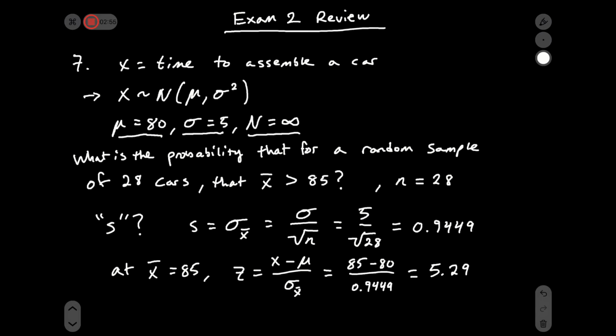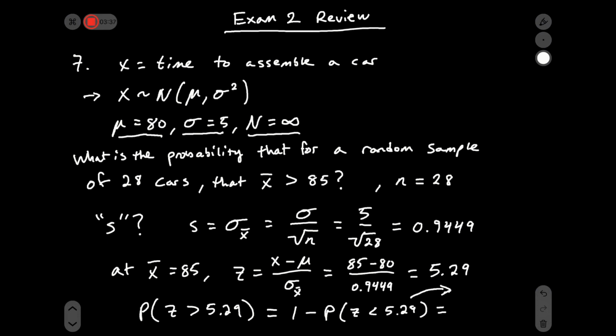Okay. Now the probability that z is greater than 5.29 is equal to 1 minus the probability that z is less than 5.29. Now if you plug that into a probability of z calculator, because this is a value of z that's so large that you won't find it in the back of the book in the z table, what you'll find is that the probability that z is less than 5.29 is very, very, very close to 1.